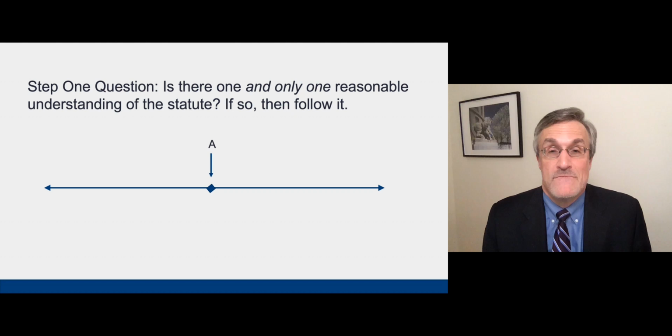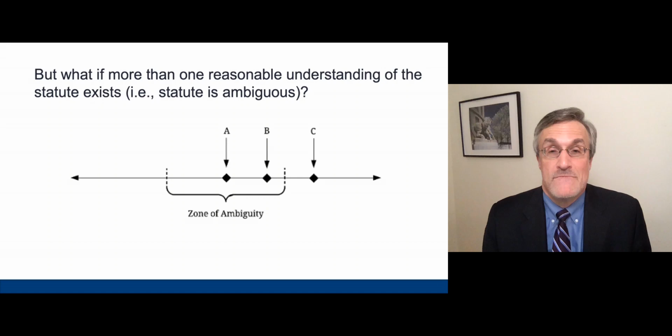Okay, that makes sense. But what then if there are more than one reasonable understandings of a statute? The statute is ambiguous. Then what? Well, given what I've just told you, you might begin to think a lot like law professors and judges think, that means going to step 2.